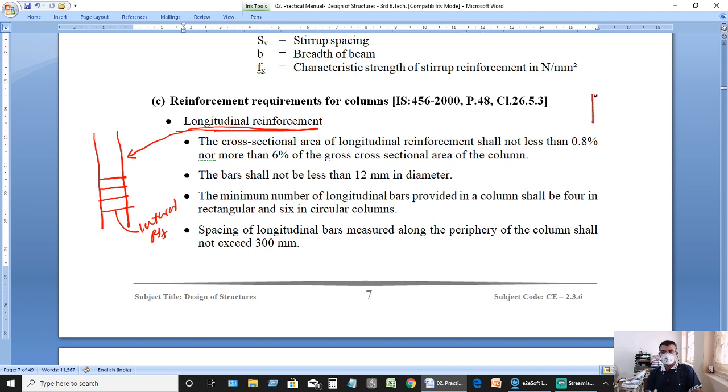Suppose we have a column having 300 mm width and length 1000 mm. So the total area is 300000, that is 3 lakh mm square. So according to this, your minimum area of steel is 0.8% of this.